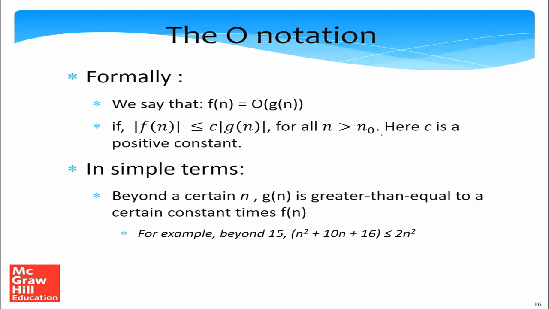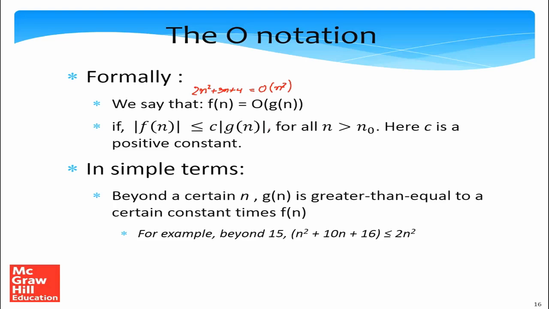Let me explain it with an example, but let me say what this means in a slightly colloquial sense. Let's consider two functions, fn and gn. Let's say this function is the same old function, 2n square plus 3n plus 4. And we are saying that this is order of n square.